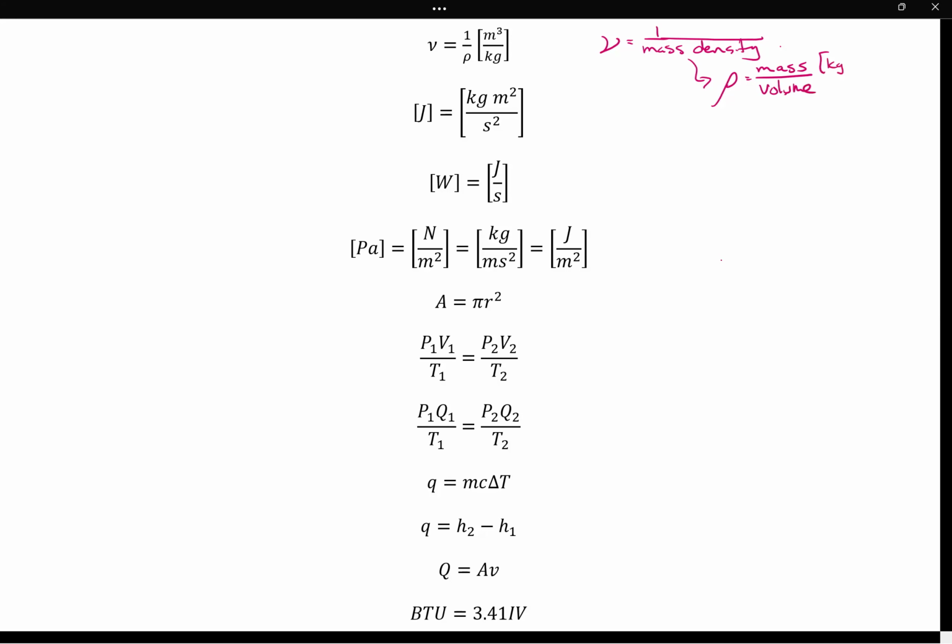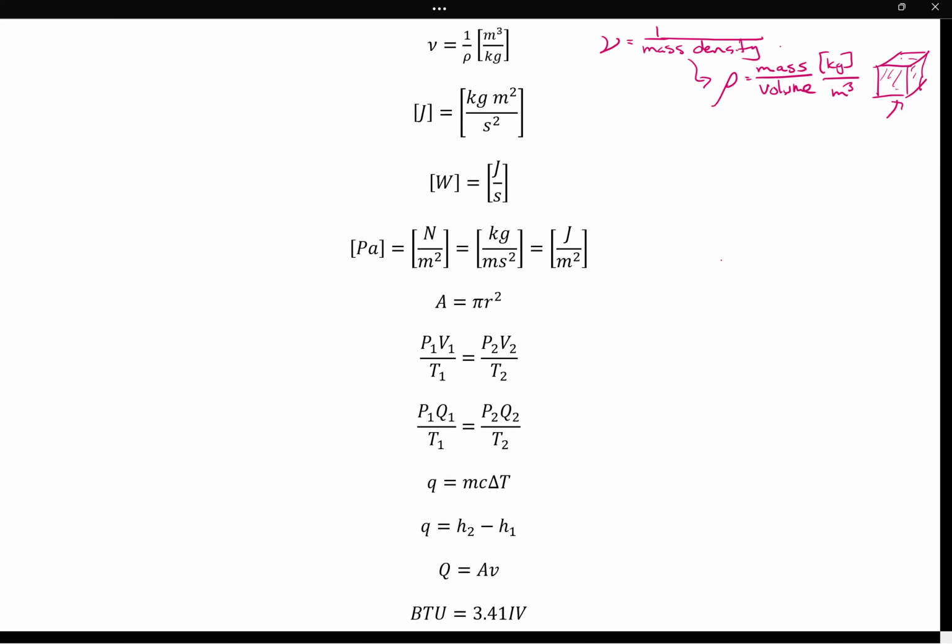The mass is in kilograms if we're working in SI units, and the volume is in meters cubed. So if we take this little volume of anything, it would say, how heavy is this volume? If it's of something light, then it's less mass density. If it's of something heavy, then it's more mass density, more kilograms per that meter cubed.